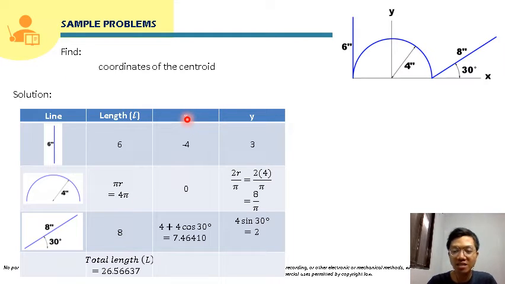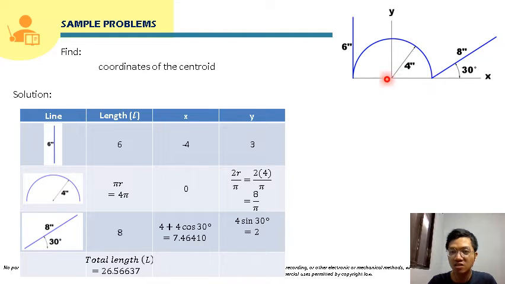Now for the x coordinate of the centroid of each line. For this line, its centroid is at the center of the line, which is here. The x coordinate will be the horizontal distance from the origin. The distance from the origin of this 6 inches line is 4, since this is the radius of this semicircular arc, and this is also the radius.